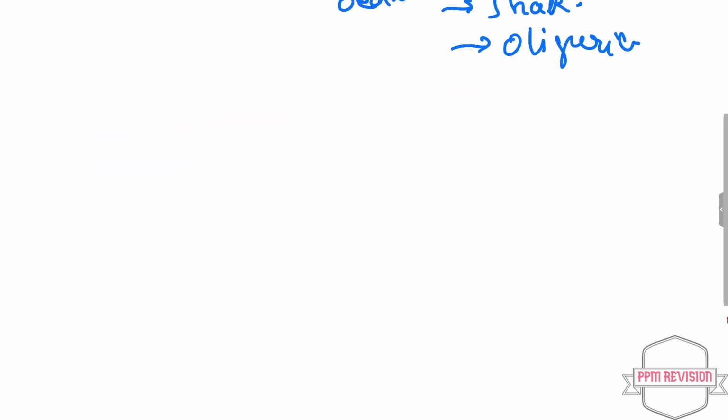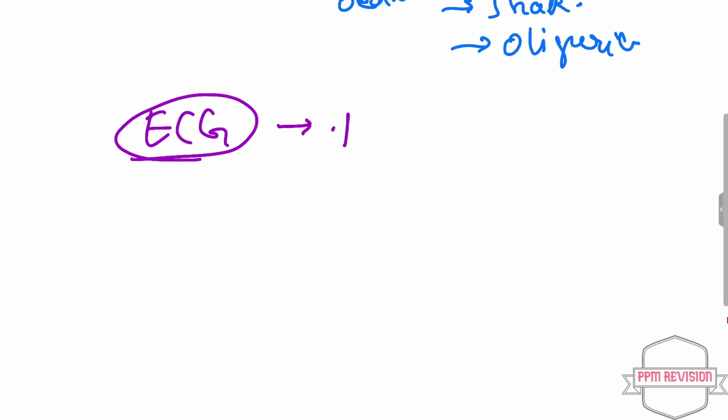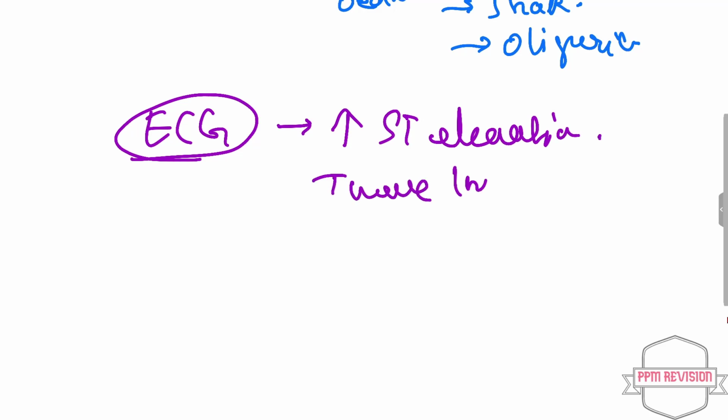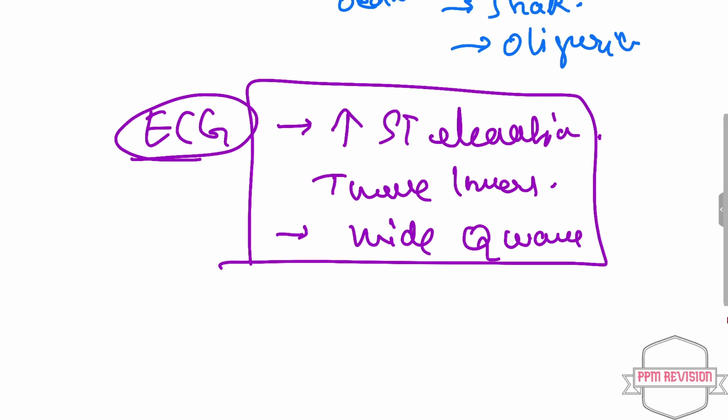Another important aspect is the ECG findings. Here there is ST elevation. There can also be T wave inversion and also wide Q wave. So if you are seeing the ECG, these points are to be noted.